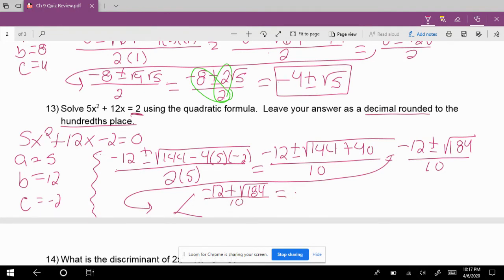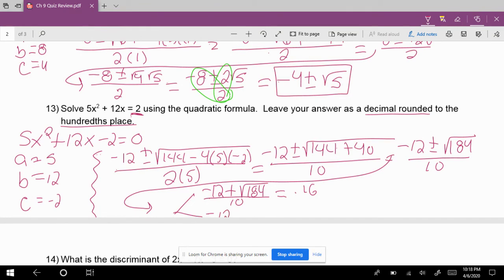And that should get you 0.16. If you're not getting that, then likely your calculator is confused on order of operations. If you don't hit enter after the square root of 184, it's only going to divide the square root of 184 by 10 and not the entire numerator, which had the negative 12 plus the radical.